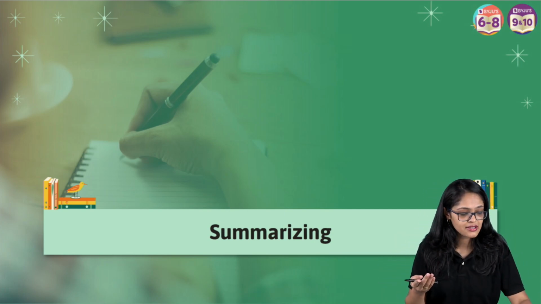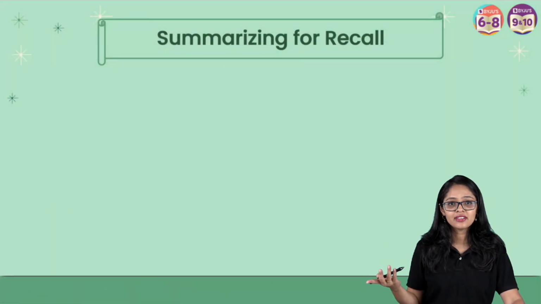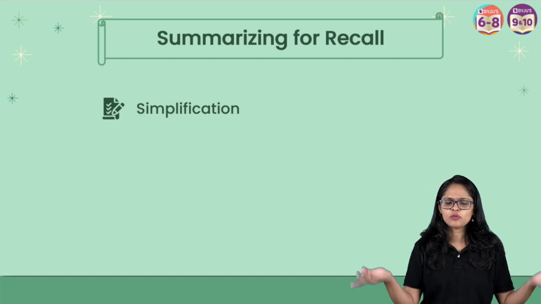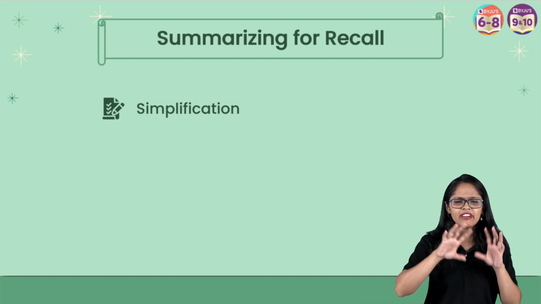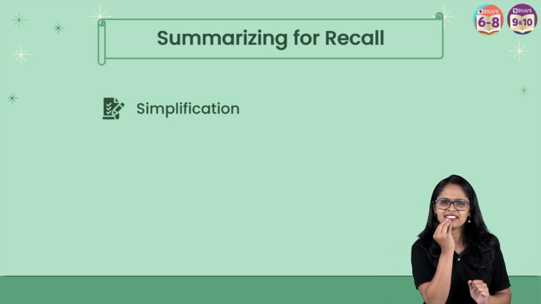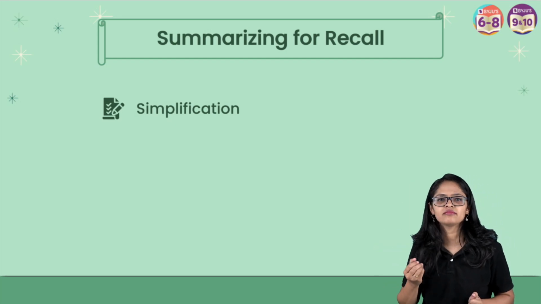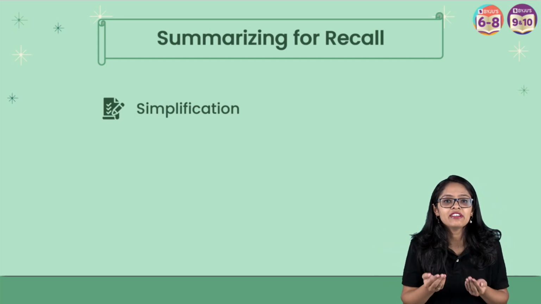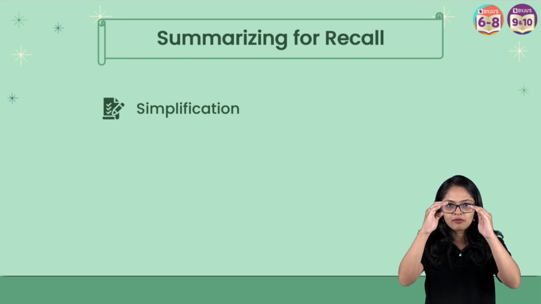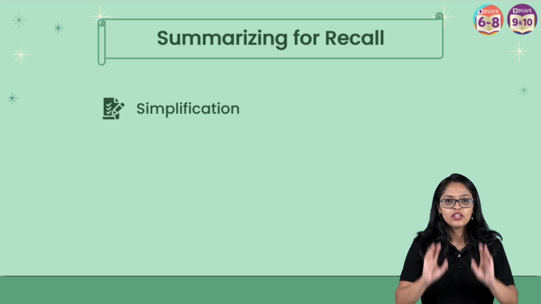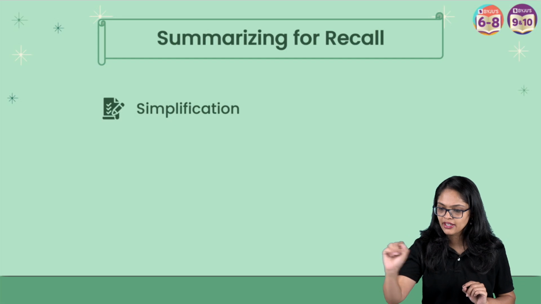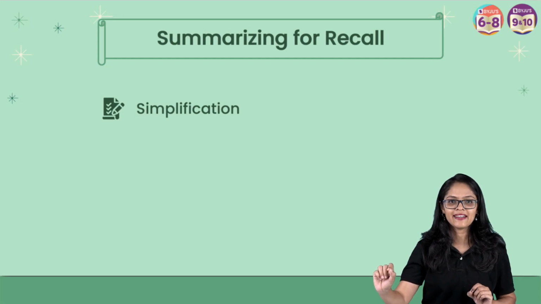How do you do that? By simplifying the concept. In the textbook, there might be a concept that is very twisted and explained in a roundabout way. So you need to simplify the concept. By summarizing what you read, one full page, you simplify the concept and then write it down.